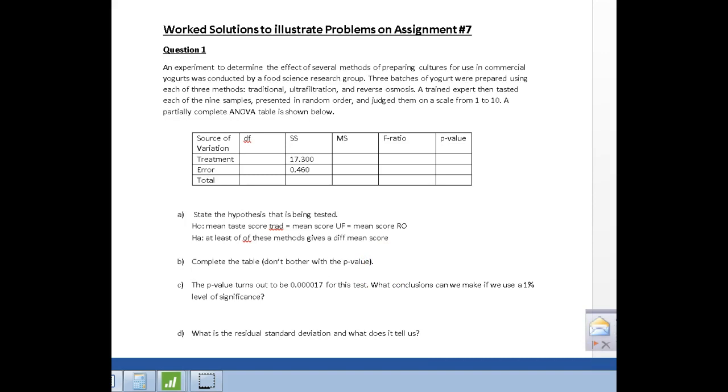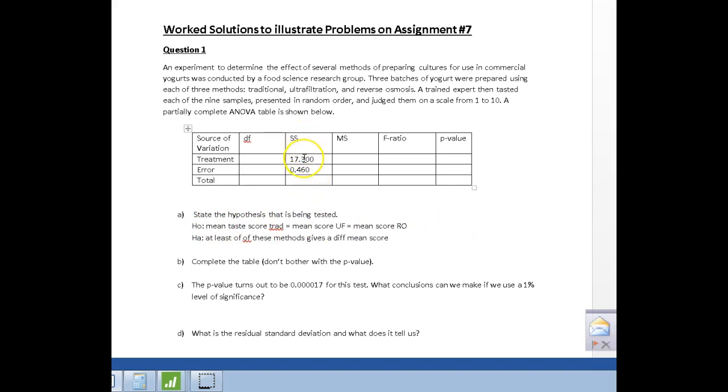Alright, then we're asked to complete the table. Okay, looking at what you have in your notes, in order to complete an Anova table, and this is an Anova situation because we are comparing the means of 3 groups.